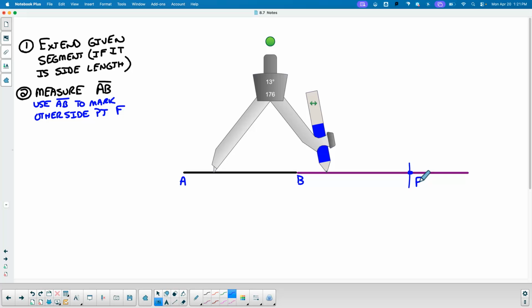By extending our segment, measuring AB, and then marking off BF, what have we created? What kind of line segment?